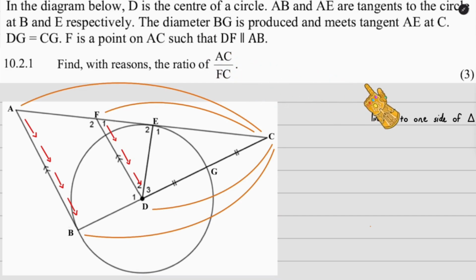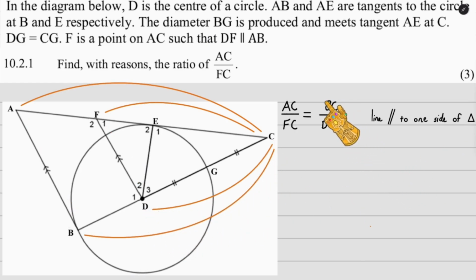AC over FC equals. Okay, and then AC is the big scallop on this side. So I put the big scallop on this side, which is BC on top here. When I say scallop, I just mean curved line. So this curved line here, I'm referring to as a scallop. And then FC is the small scallop. So we do the small scallop here, which is DC.